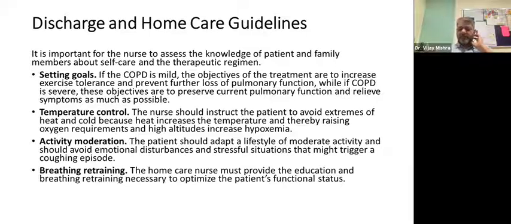Temperature control is something that you must guide your patients on at home or at the time of discharge: they should not be exposed to extremes of temperature, hot and cold. Physical activities should be kept in moderation, not too much, not too little. And they must keep doing the breathing retraining exercises to improve their functional status. Next.